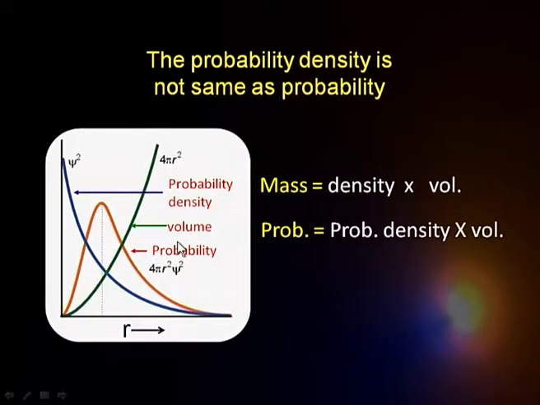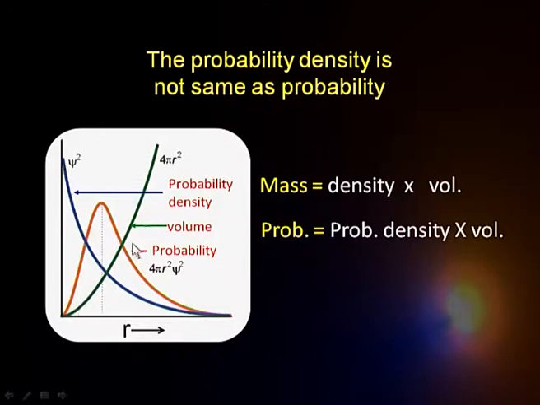The probability happens to be the product of these two. So, what happens is, to begin with, the probability density is very large, but the volume is very small. So, as a consequence, the probability happens to be very tiny, very close to 0 here. As I move away from the nucleus, this component is decreasing sharply, whereas the volume element is increasing very sharply.